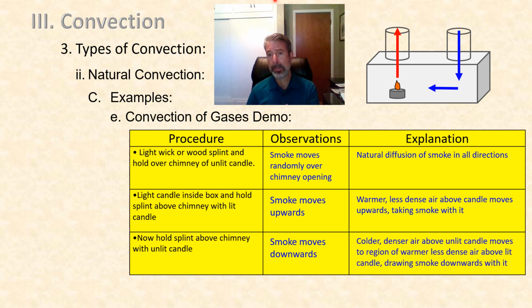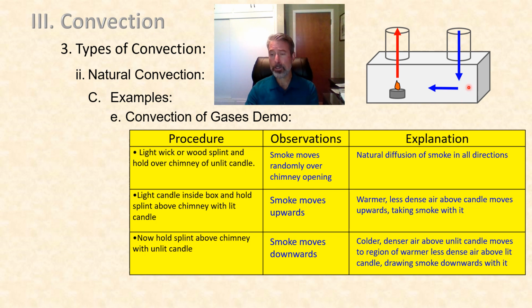So think about it. The downward and horizontal motion of those smoke particles and the air was due to the fact that we have this pressure and density gradient set up. The air above the region of the lit candle over here is less dense and has a lower pressure than the air over in this cooler side of the box, where the air is more dense and has a higher pressure.